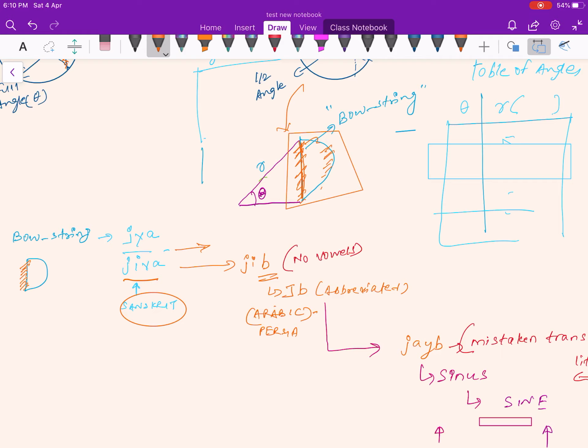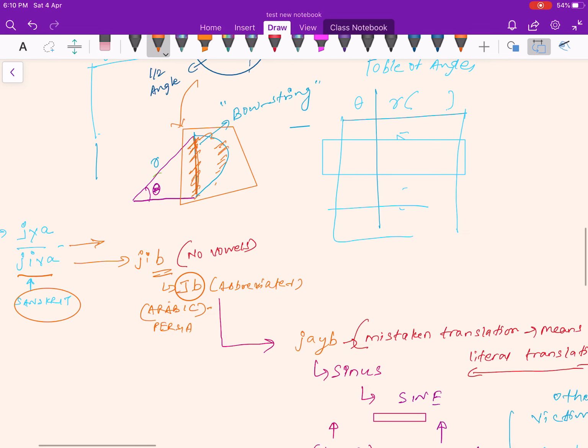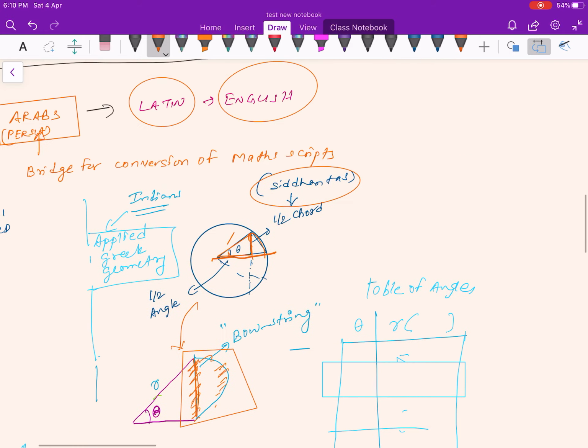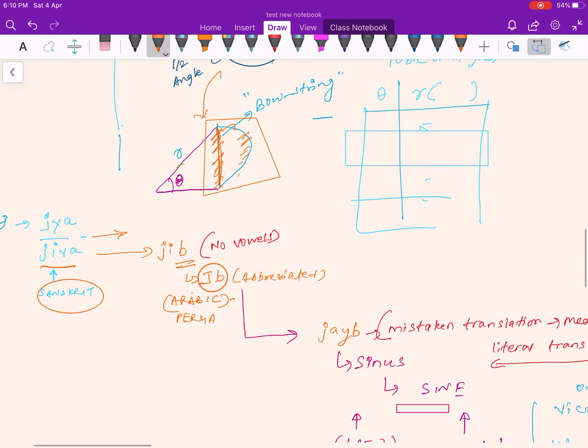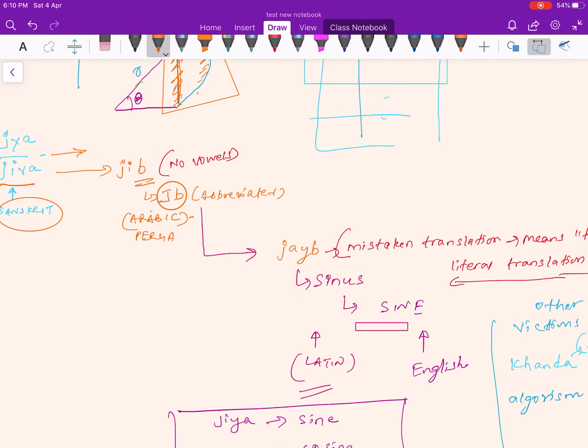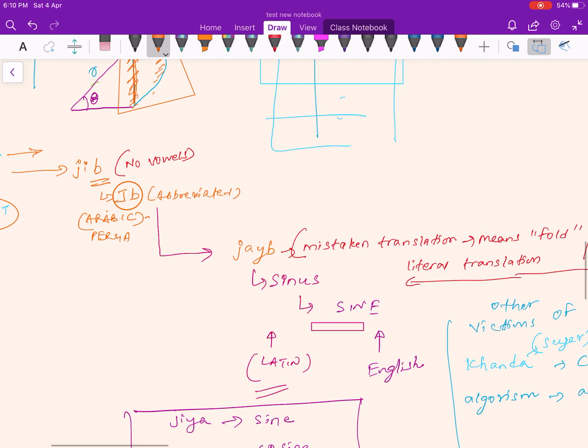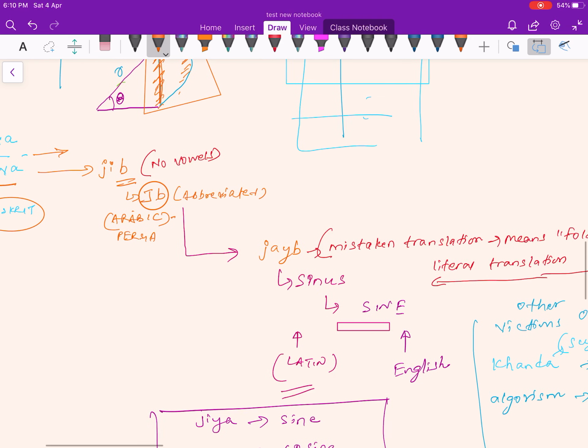So this jib was abbreviated and became JB in the Arabic world. And like I said, a lot of things were moving from the Arabs to the Latin world. So when this literature moved further, and they were trying to transfer it into the Latin literature in the Roman Empire or the European world, they took this JB without knowing or understanding where it came from.